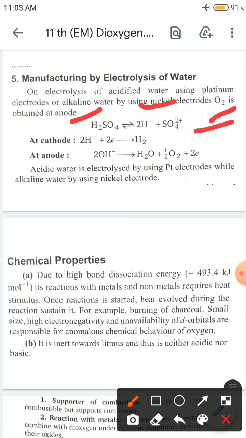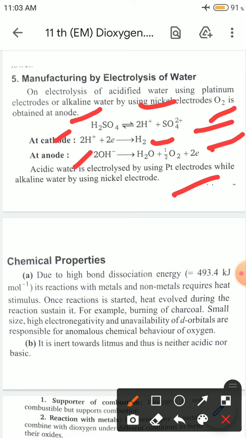At the cathode, H plus ions gain electrons and form hydrogen gas, and at the anode, hydroxyl ions lose electrons and form water and oxygen gas. Acid water is electrolyzed using platinum electrodes, while alkaline water uses nickel electrodes.